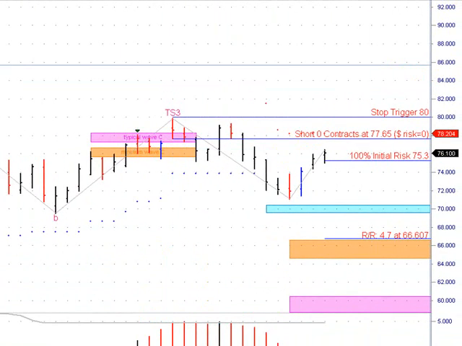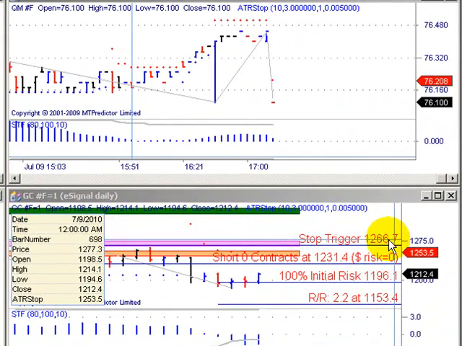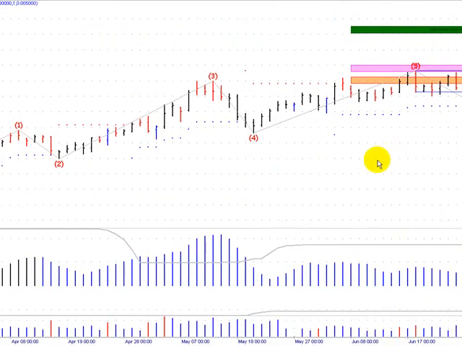And then the last one we'll look at, we've been following as well, was the gold daily chart, and I've already put the Elliott wave analysis on this.